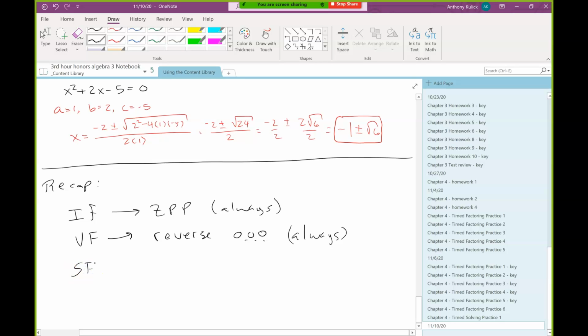Or sometimes we can factor and then use the zero product property.